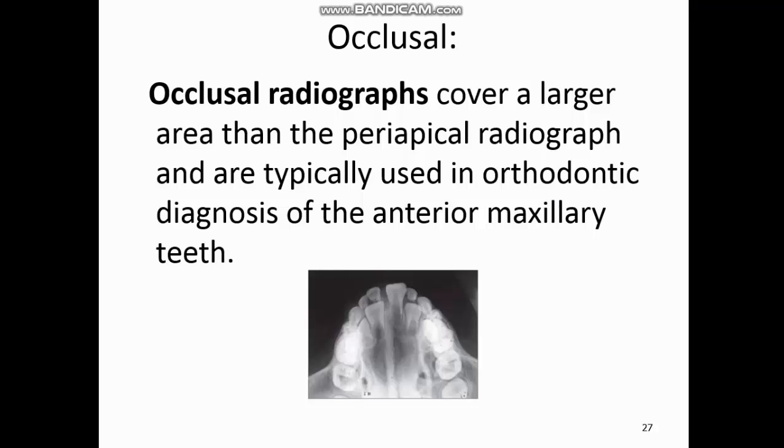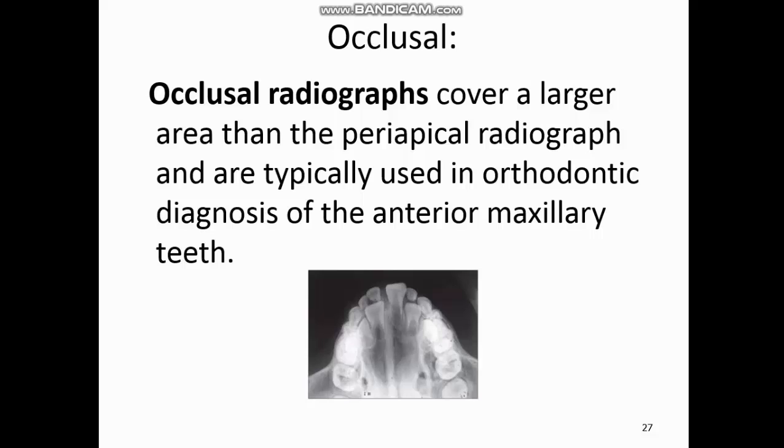Okay. The next type of intraoral radiography is the occlusal view. Occlusal radiography is defined as those intraoral radiographic techniques taken using a dental X-ray set where the image receptor, the X-ray film, is placed in the occlusal plane, as you can see here.